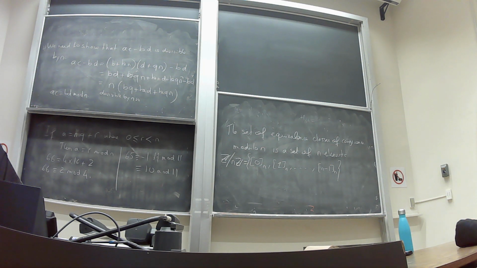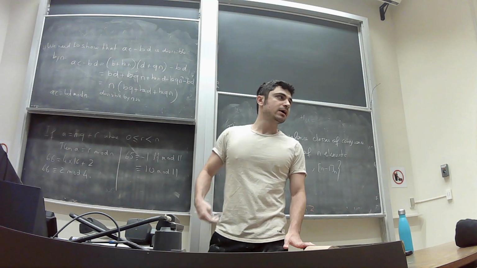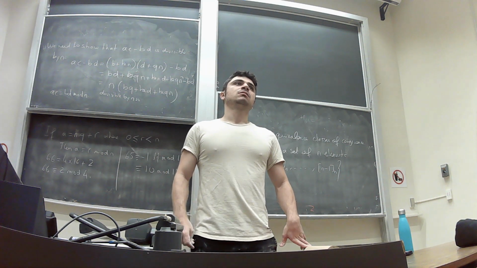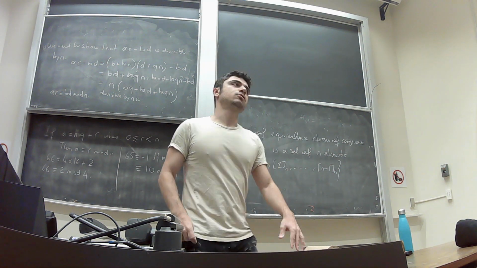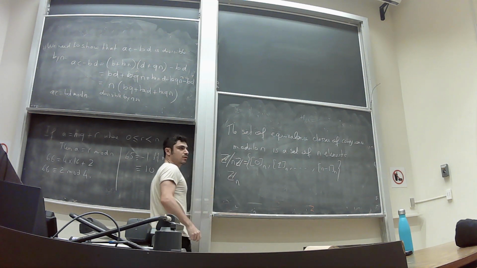This set will be called Z slash nZ, which means Z modulo nZ. Why and why not, we'll see later. This is the notation that you use for it. Some books use this notation.